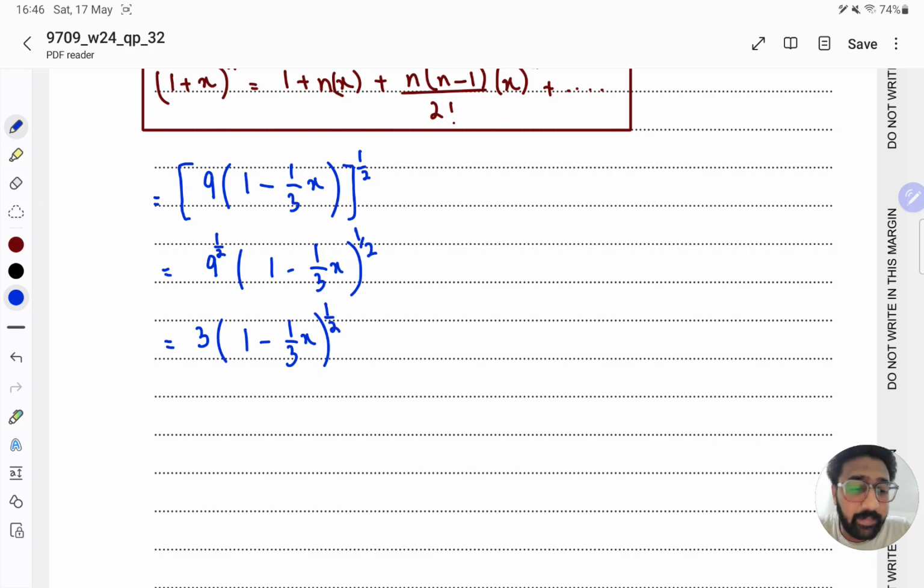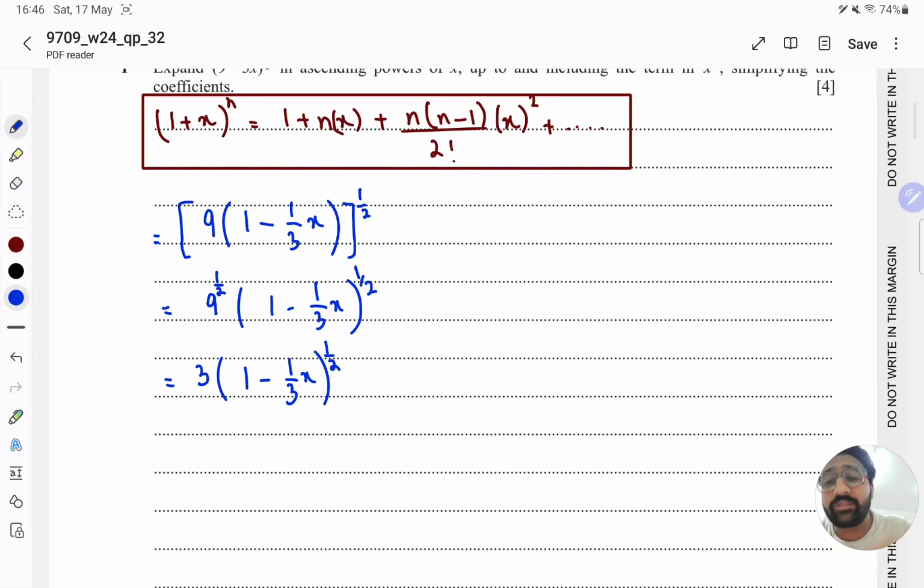Now we have to expand 1 minus 1 by 3x to the power of 1 by 2 using the formula that is written above. So I'll write 3 as a common. So it will be 1 plus nx. So n is 1 by 2 multiply by x, the second term. The second term over here is minus 1 by 3x.